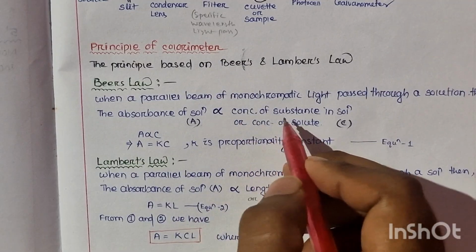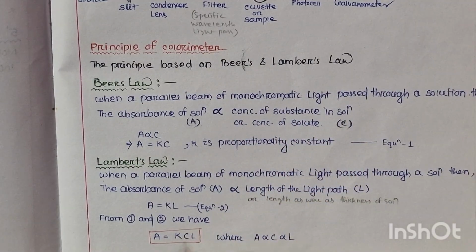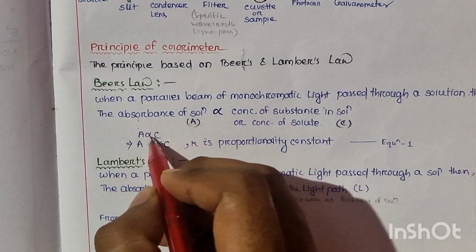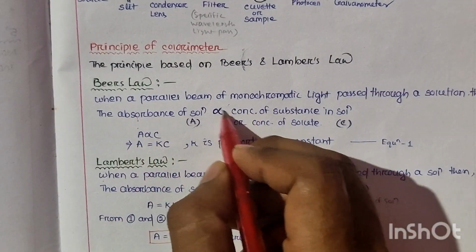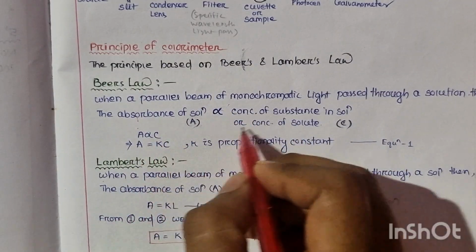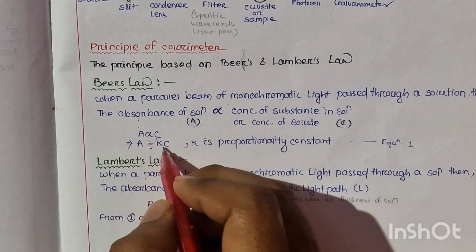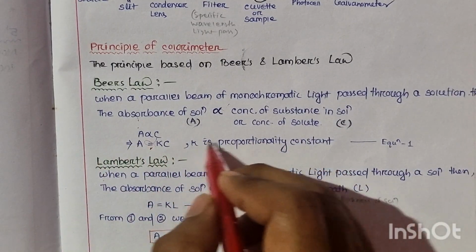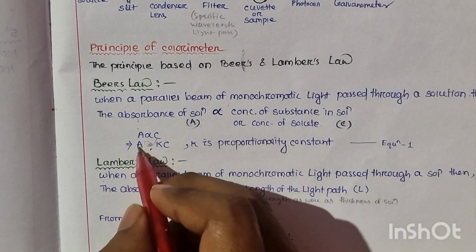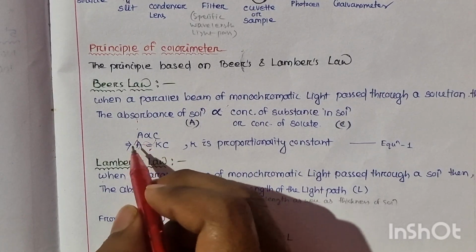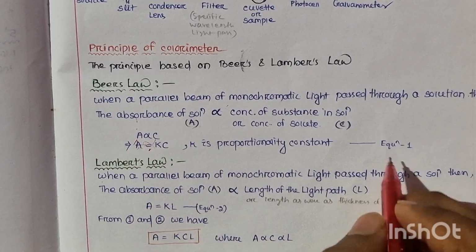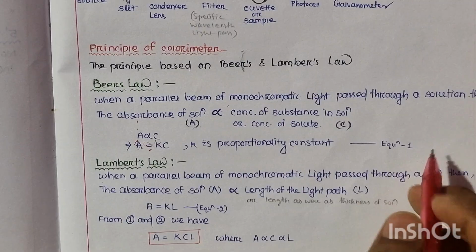The absorbance A is directly proportional to C, that means the concentration of the solution. If we eliminate the proportionality sign, the proportionality constant is K. A is equal to KC. It's equation number 1.